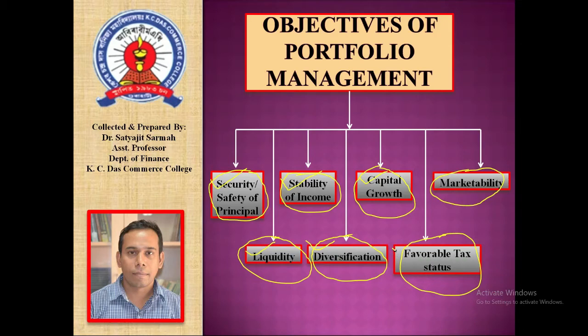Minimizing the tax liabilities of the investor is another important objective of portfolio management. Portfolio management is always done by the investor to minimize their tax liabilities from the investments. The last objective is marketability. Investors generally buy and sell securities with this objective. Marketability is essential for providing flexibility to the investment portfolio.